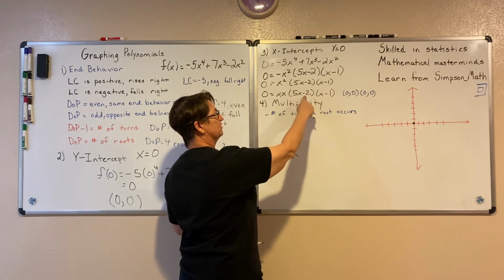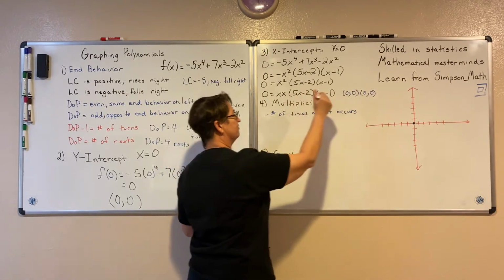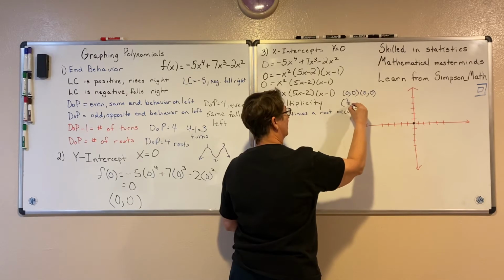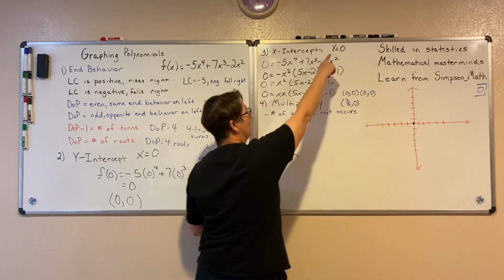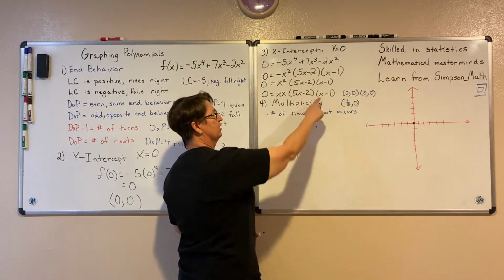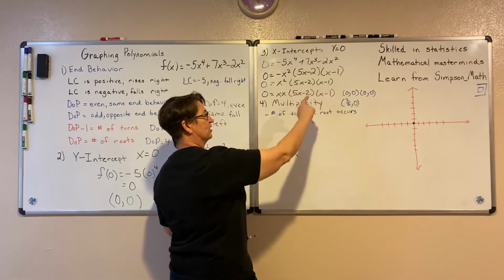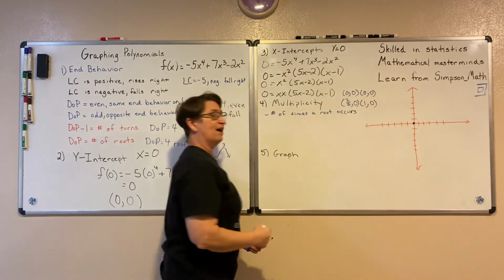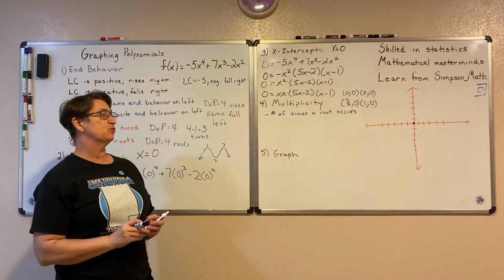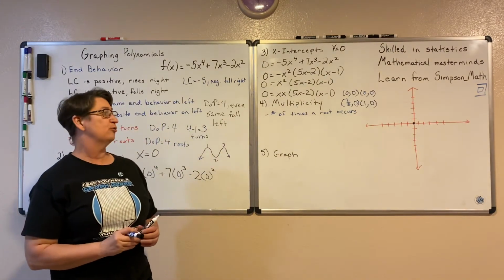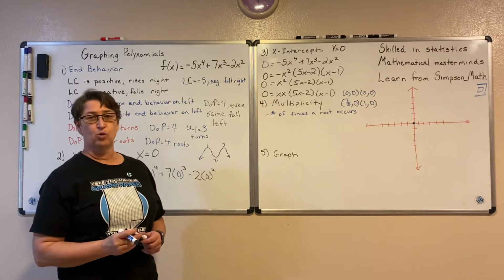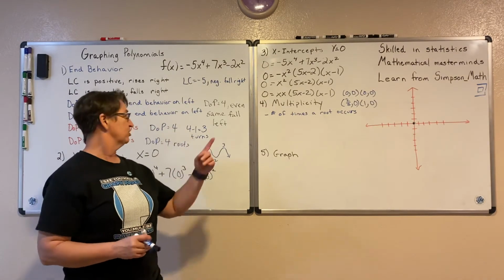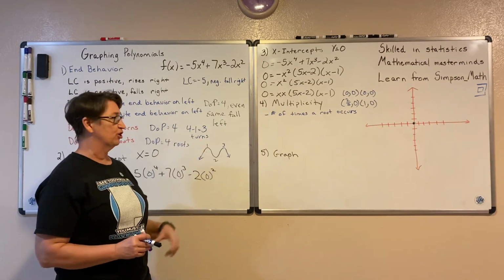Here my x is going to be 2/5, so 2 divided by that 5, and then my y value is 0. And if I solve that one after I set it equal to 0, I have 1, 0. So I have 4 x-intercepts there at 0, 0, 0, 0, 2/5, 0, and 1, 0. Notice I have 4, just like we said we were going to have over here.